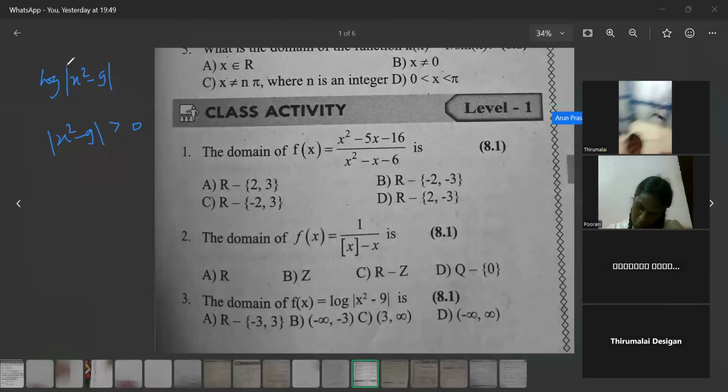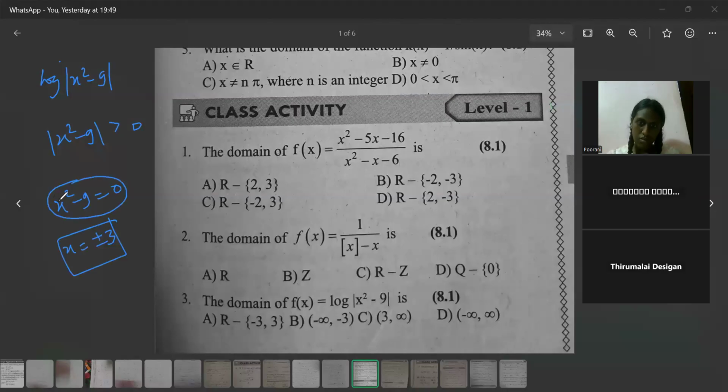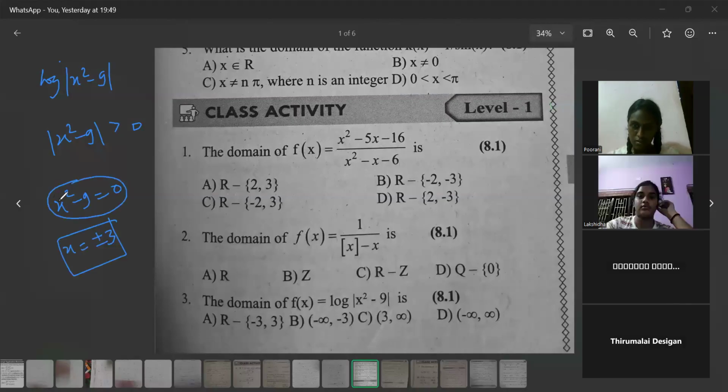So for what values of x is this 0? As you can see, this is always greater than or equal to 0. So x square minus 9 is 0 only for x equals plus minus 3. For x equals plus minus 3, this expression will become 0. For other values of x, modulus is always a positive or 0 number.